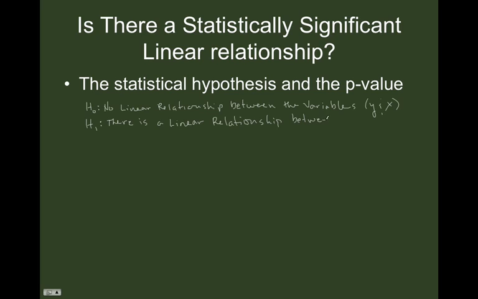This first set of null and alternative hypotheses that I'm writing down are written in words, okay? And so now we want to translate to math, because again, the engine behind statistics is mathematics. So we want to translate these to math.